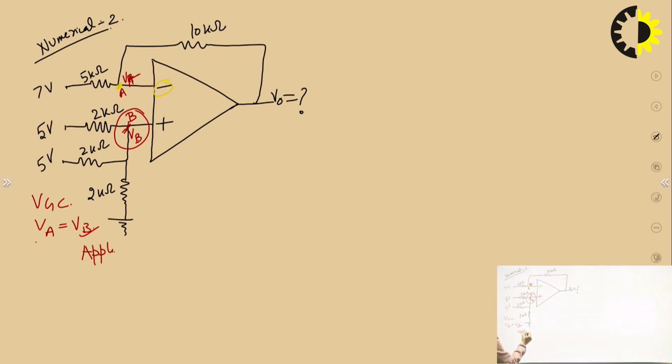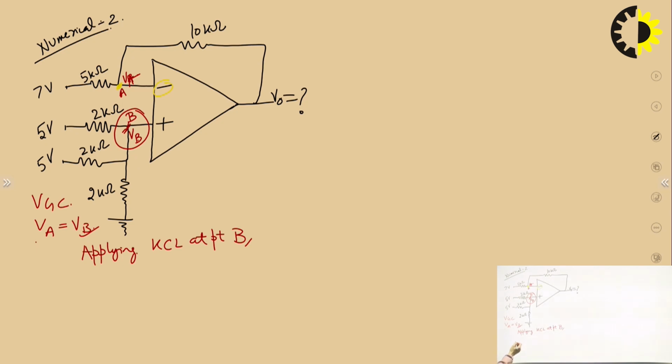applying KCL at point B. Why am I applying KCL at point B? Because I want to calculate the potential at point B, right?